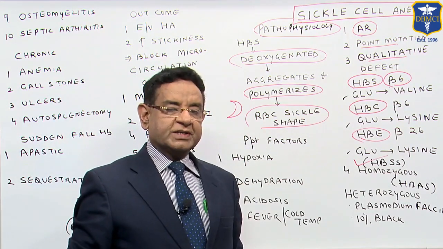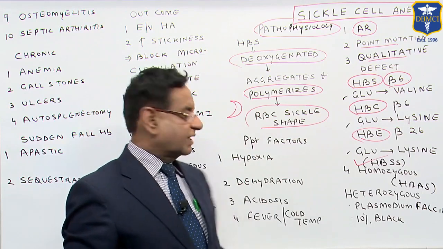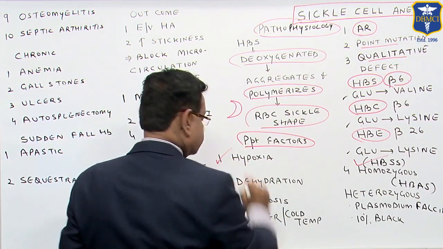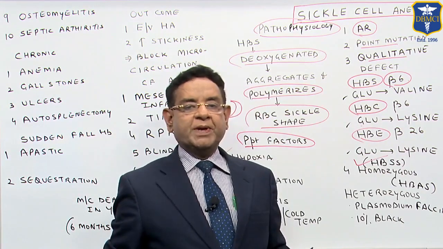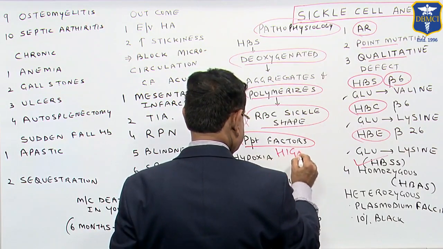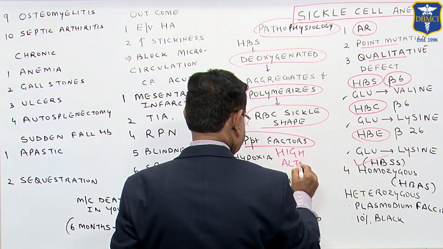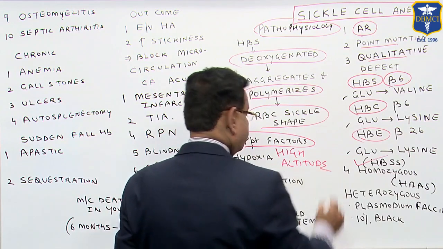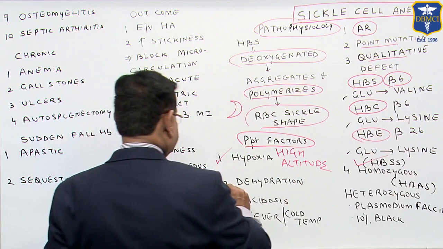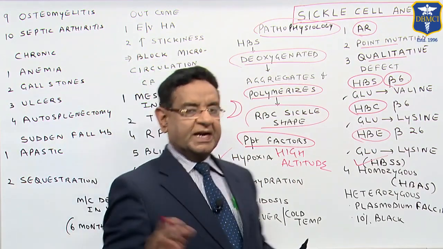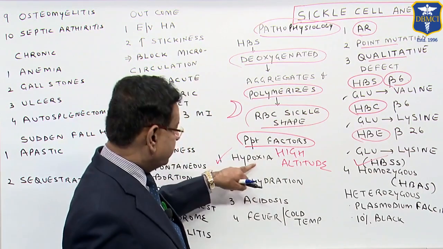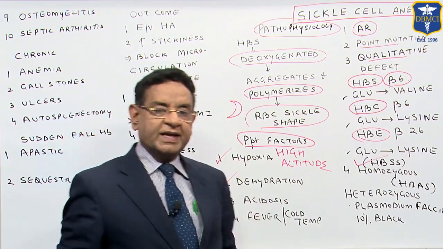Now what are the factors which can precipitate this sickling? The precipitating factors are, first of all, hypoxia. So patients going to high altitude are more likely to suffer from all these problems. Anything which leads to dehydration, that's why sickle cell patients should always keep themselves hydrated, and they should avoid going to very high hilly areas.